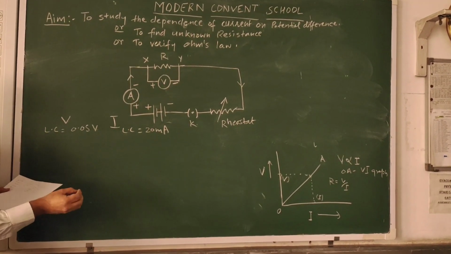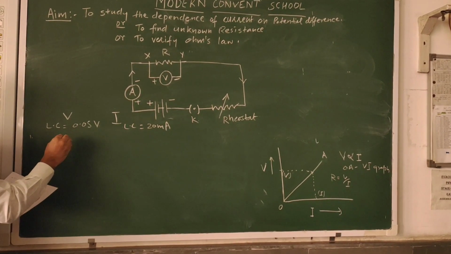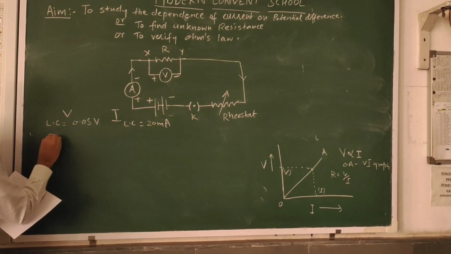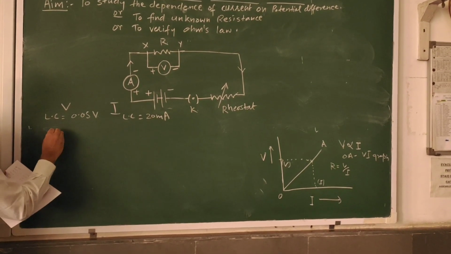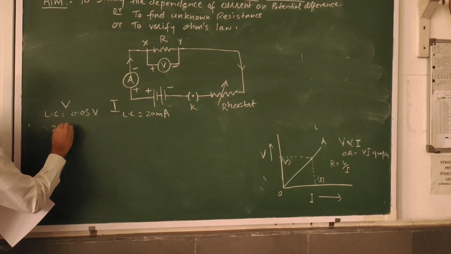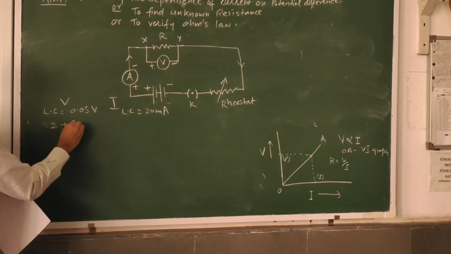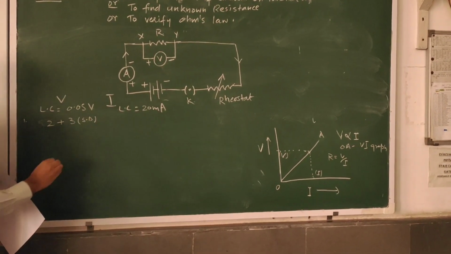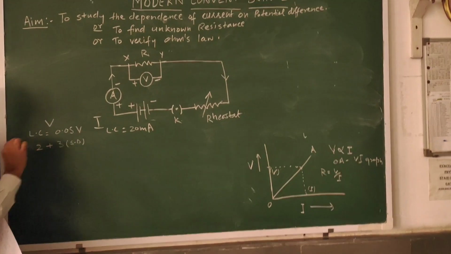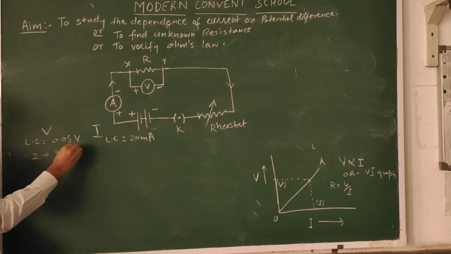Our first reading was 2 plus 3 small divisions. You have to keep the reading properly in mind. Now put the value of the least count here.